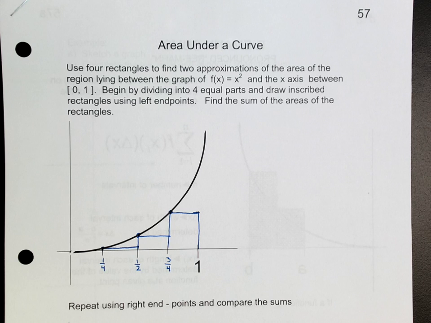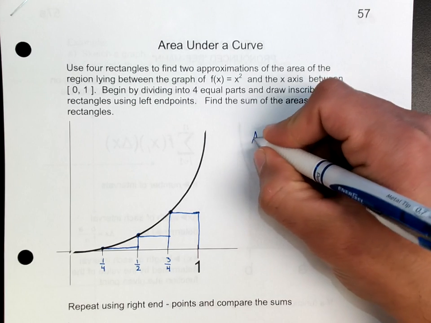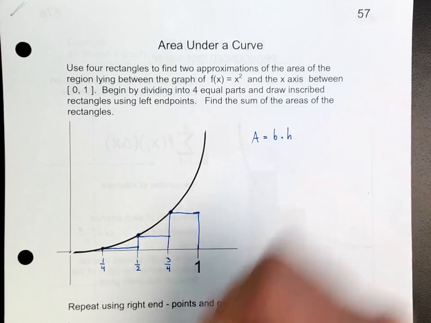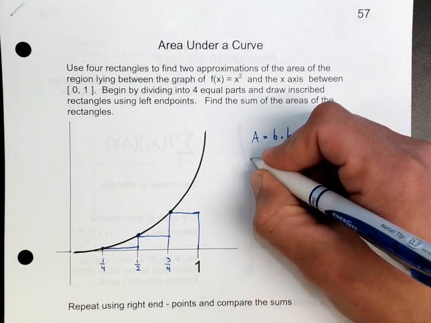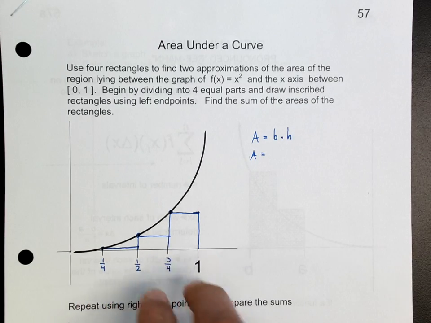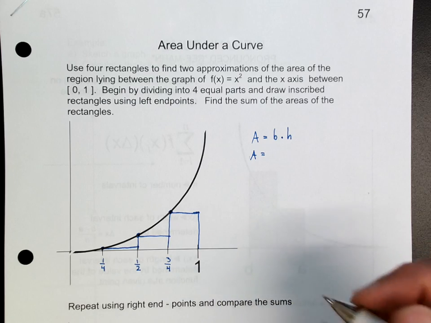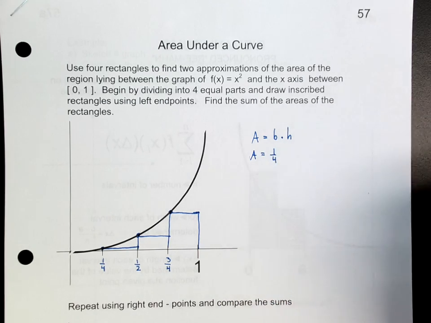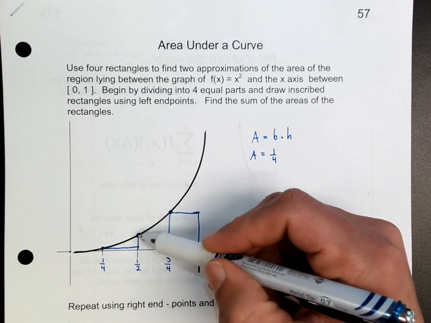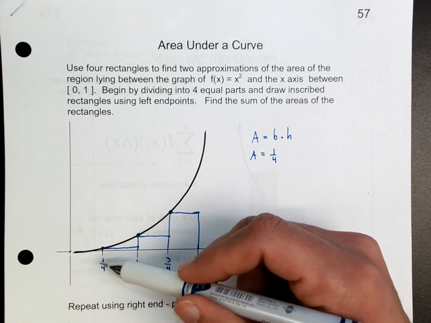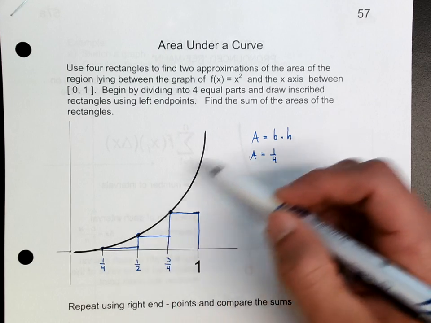Alright, so to find the area, remember that the area of a rectangle is just base times height, right? So the area is going to be equal to, notice that the widths of all of these are going to be 1/4, right? And the height of each one of these rectangles, well, you can find that by plugging in this x value into x squared.